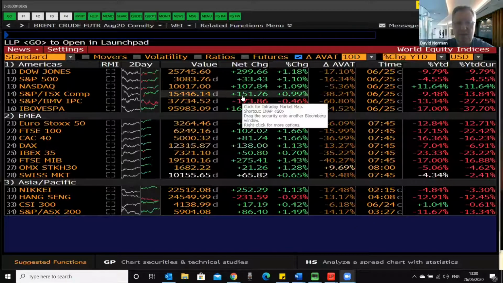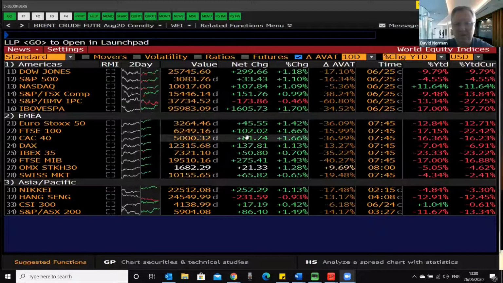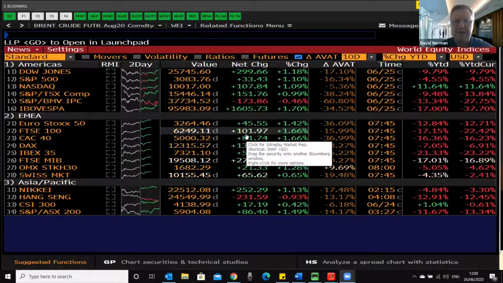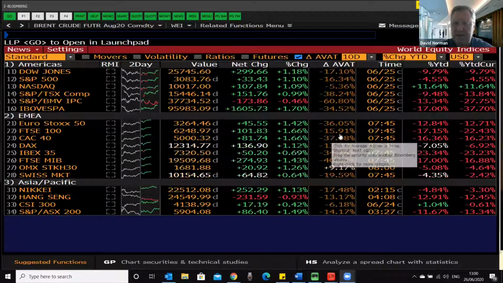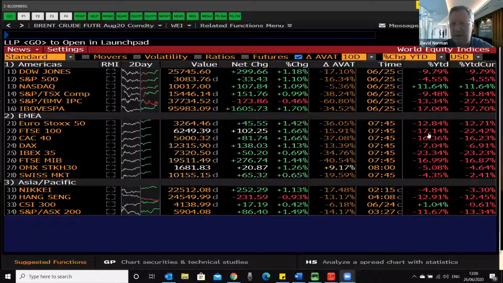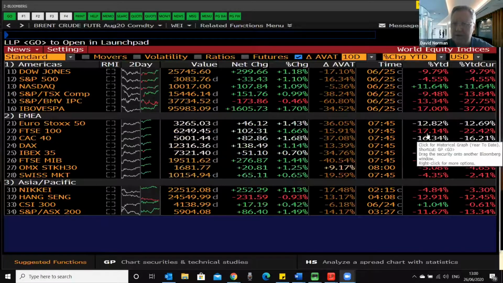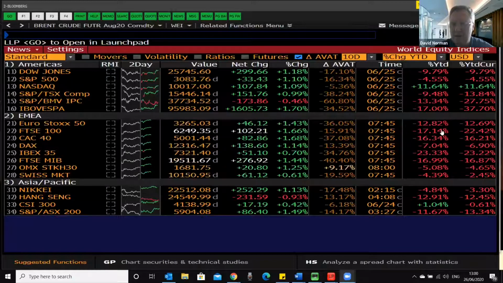So you can see, for example, that the FTSE 100, the UK market, is up 100 points today. And if you look to the right-hand side, you can see levels of movement over the actual year. So we can see that the FTSE is down 17.14% on the year to date.